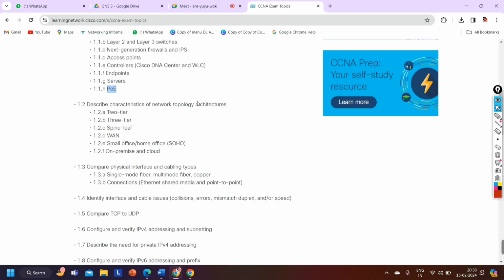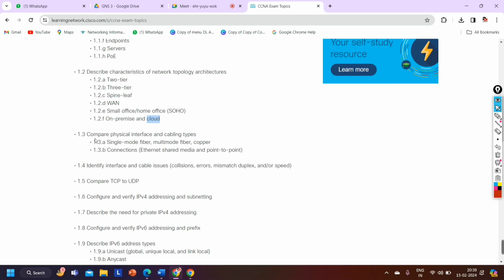Then you need to understand network architecture like 2-tier, 3-tier, spine-leaf, WAN, small office home office (SOHO), on-premise and cloud. If you are deploying something on your server and something on cloud, what is the difference there? So here you have to learn basic cloud as well in CCNA 200-301. Then physical cabling like single-mode fiber, multi-mode fiber and copper. Then connections like Ethernet shared media and point-to-point.